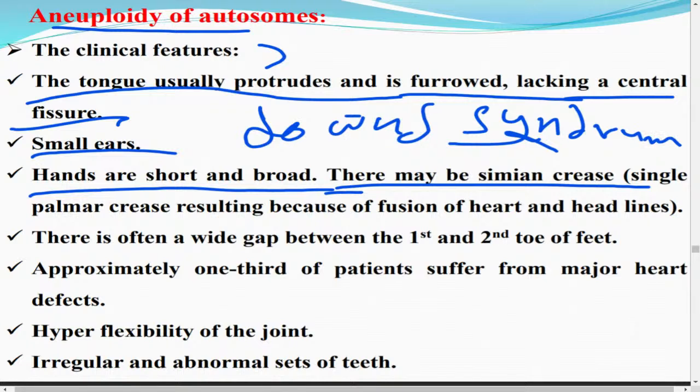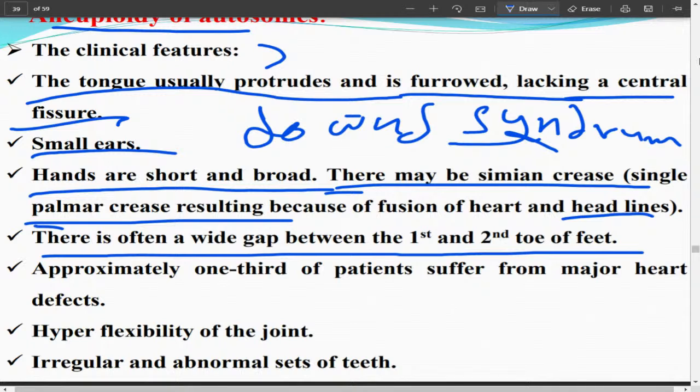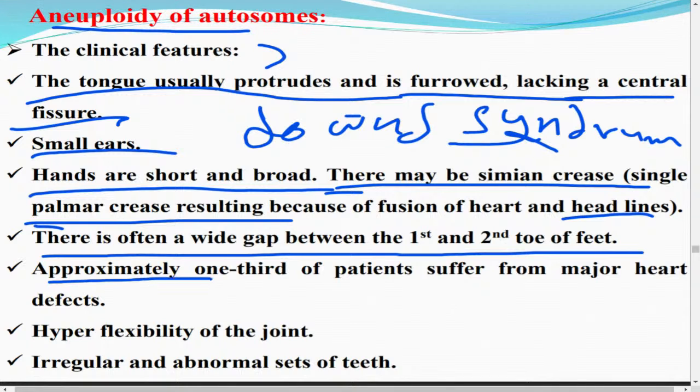There may be a simian crease, a palmar crease resulting from a fusion of the heart and head lines. There is often a wide gap between the first and second toe of the feet, which we already saw before.